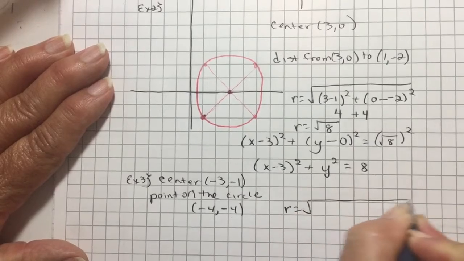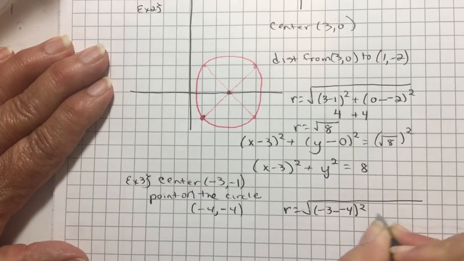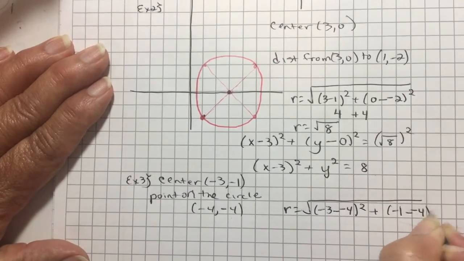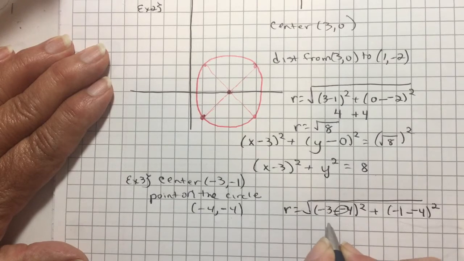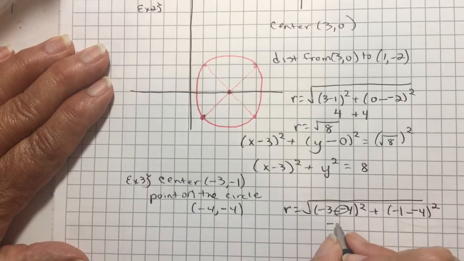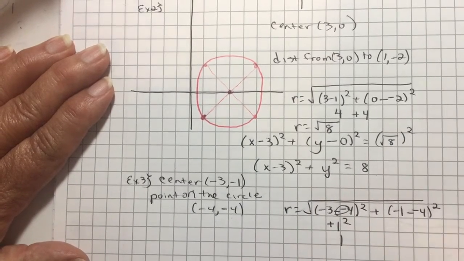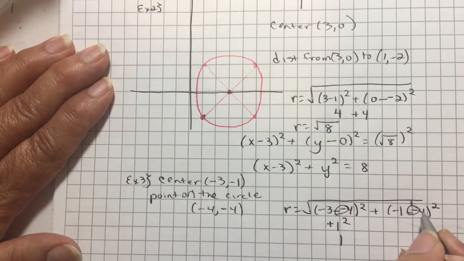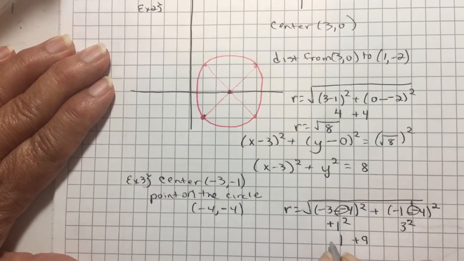So the radius would be the square root of (−3 minus −4) squared plus (−1 minus −4) squared. This turns into a −3 plus 4, which is going to be a +1 squared, or 1. This one turns into a −1 plus 4, or a 3 squared, which is 9.